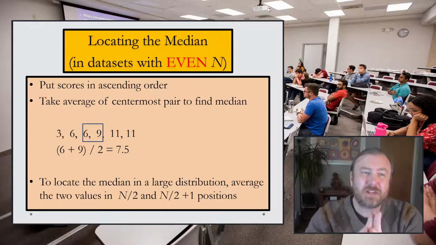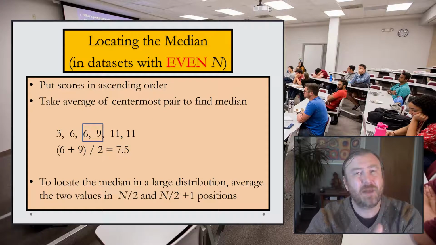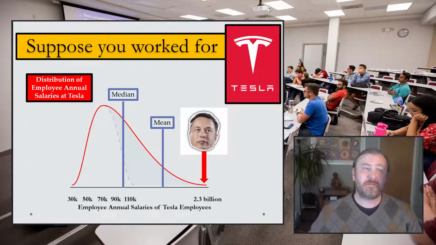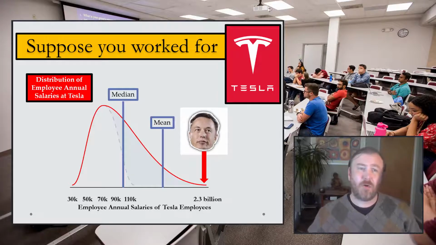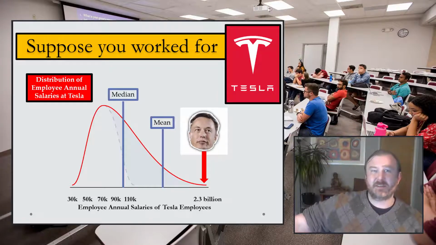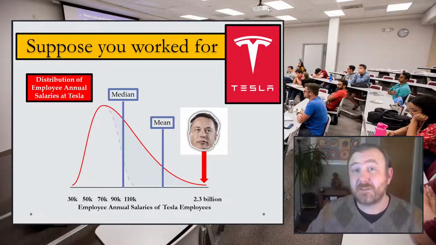Another interesting thing about the median and the mean: when combined, they can tell us a little about the underlying shape of a distribution. Here we have our example with Tesla employee salaries. Elon Musk's in the room, his salary's counted, and he's really skewing this distribution, pulling the tail towards the positive end. This is called a positive skew.